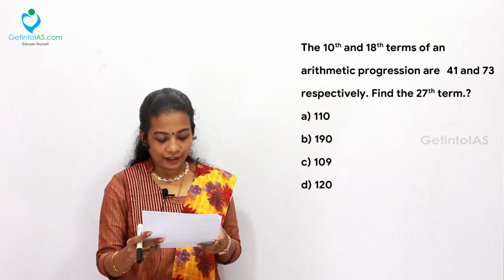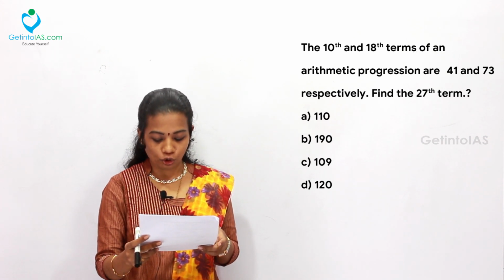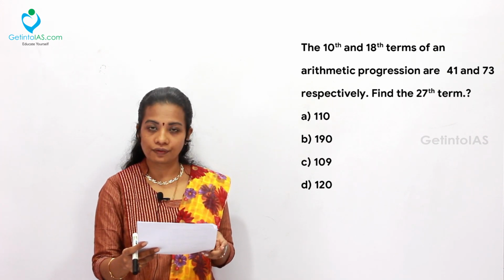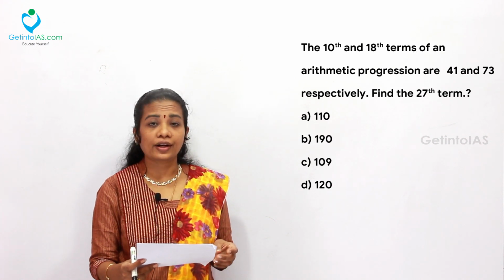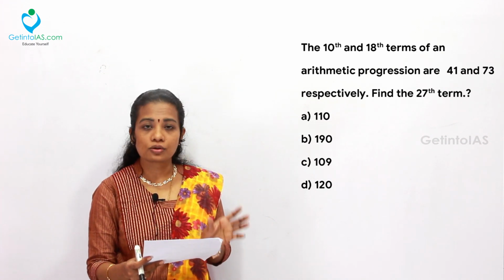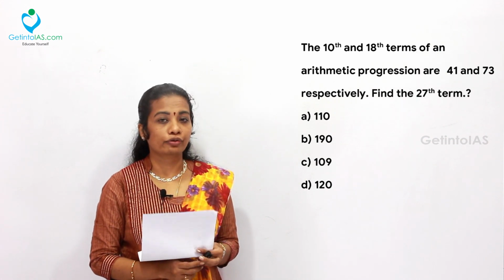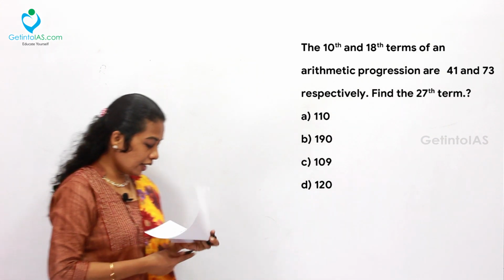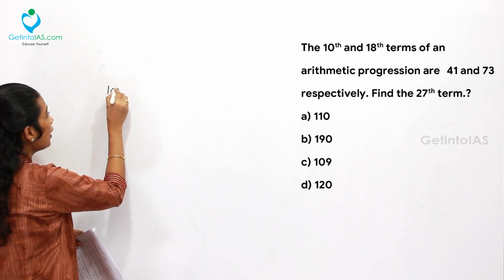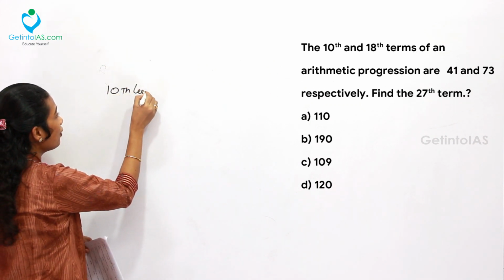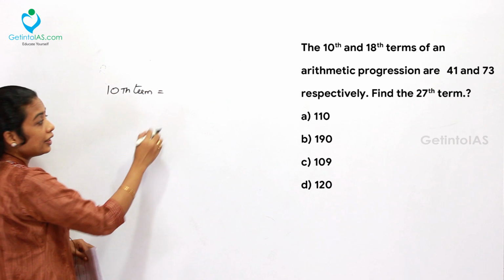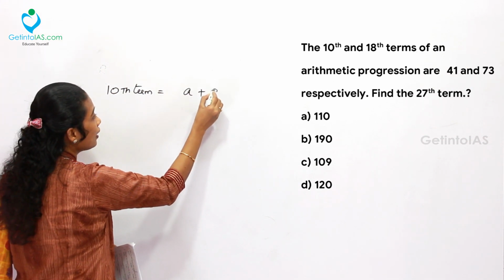The next question: the 10th and 18th terms of an arithmetic progression are 41 and 73 respectively. Find the 27th term. This is also common. They will give two different term values, and you will have to find the third term value. Here the 10th term can be rewritten as A plus 9D.